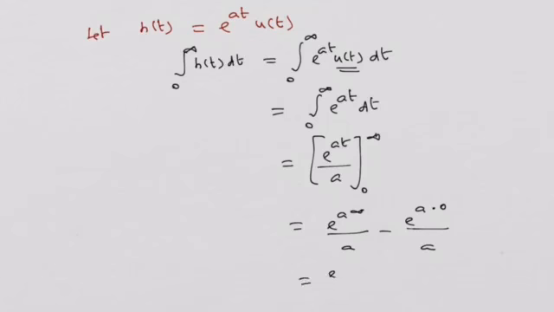This will be e power a into infinity divided by a, minus 1 by a. Here we have to make an analysis about the condition to be satisfied. I'll tell you, in the last situation, the integral from 0 to infinity of h of t dt is like this: e power a into infinity divided by a, minus 1 by a, is the condition.